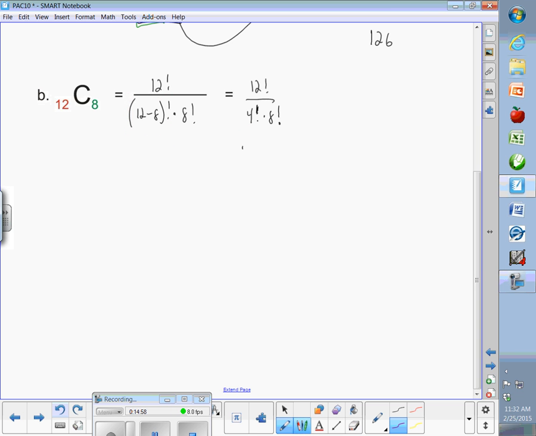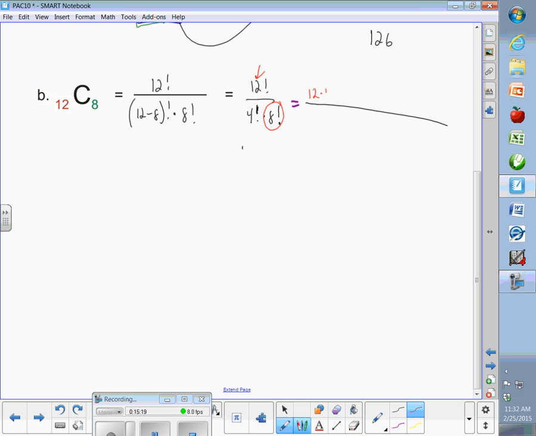Okay, so now I'm going to start to do the top. Get my black here. So I'm at the top. I know I have a 12 factorial. And I'm going to use red here to make this make sense. I'm also looking at my bottom and seeing my 8 factorial. So when I get to 8, I want to write factorial. So I'm going to start at 12, because I'm doing the top.